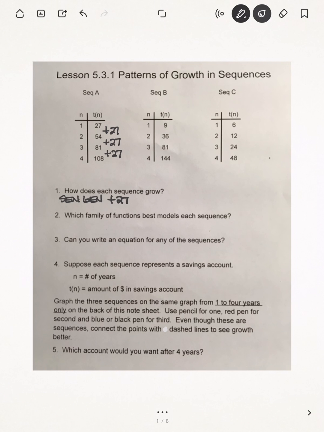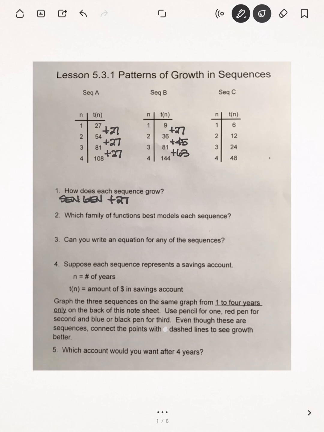All right, looking at sequence B, you find the difference between 9 and 36 is 27. The difference between 81 and 36, though, is 45. And if you subtract 81 from 144, you get 63. So I am not adding by a constant here.